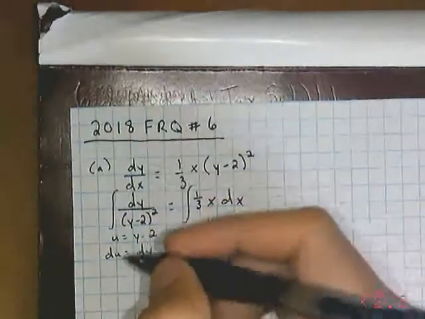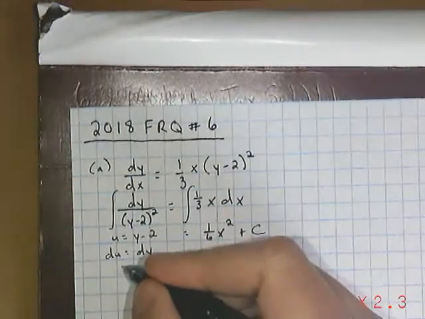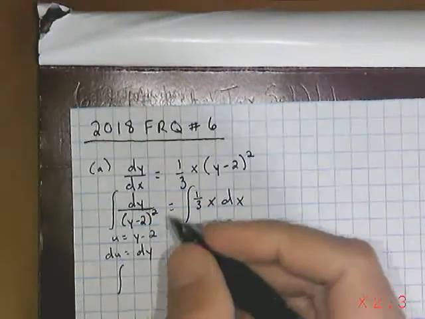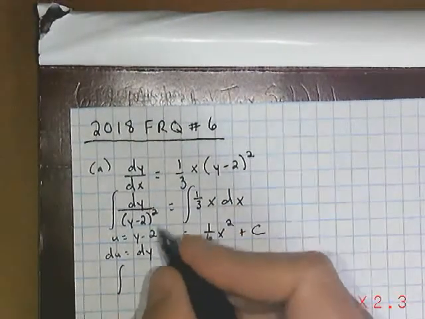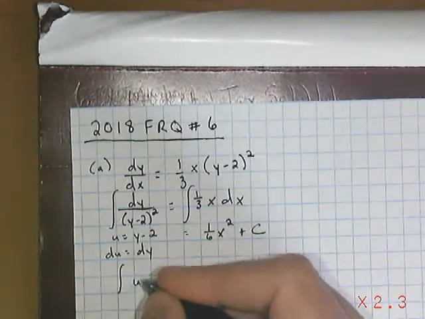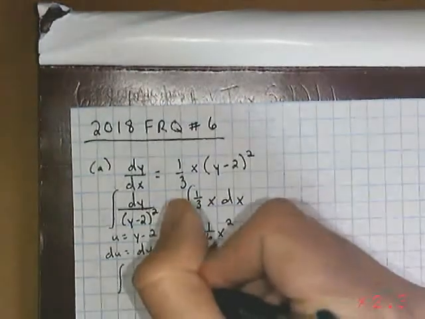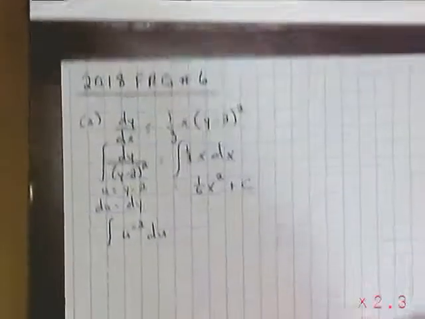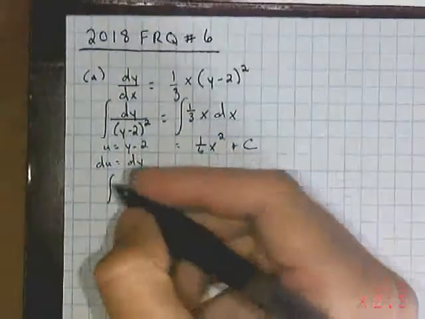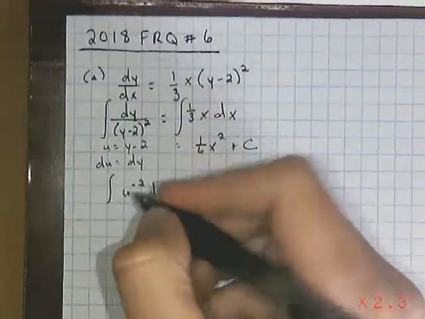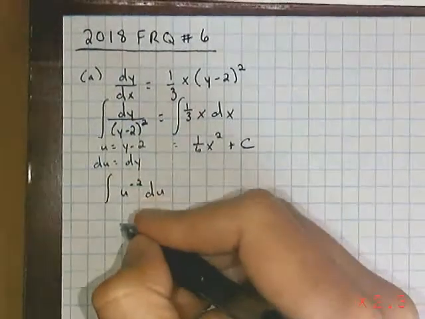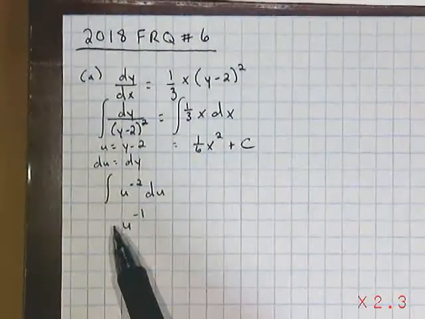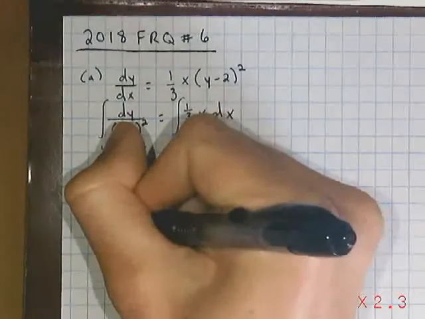Okay, so doing our u sub, we end up with the antiderivative of, let's call this, u to the -2 du, and then taking the antiderivative of that gives us u to the -1. And when we pop that down, we need a -1 out front.